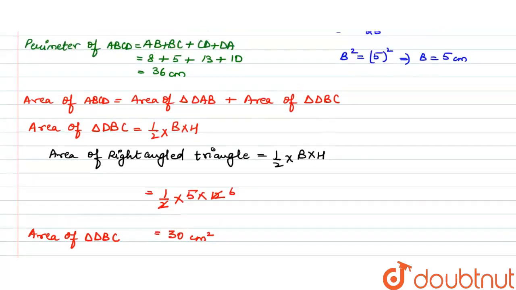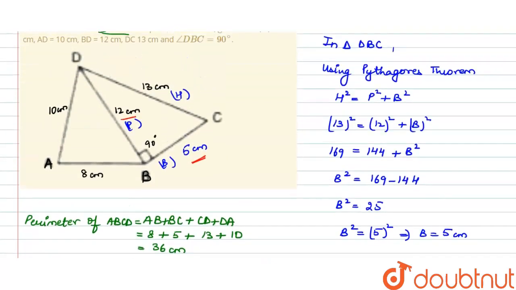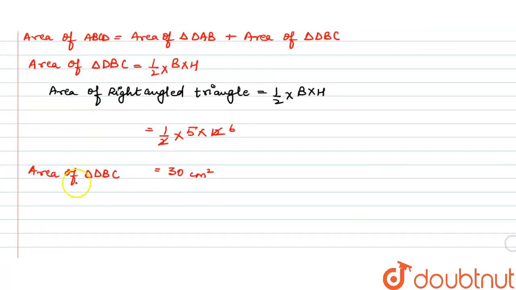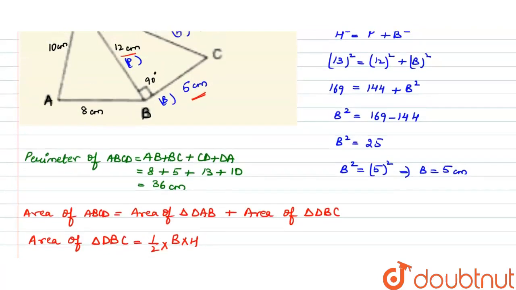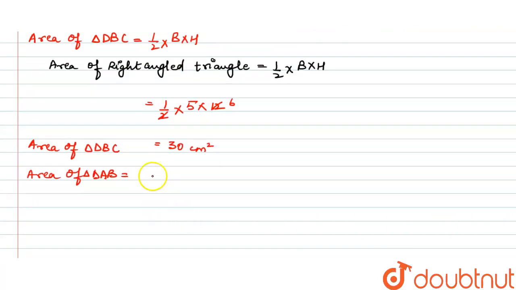Now we have to calculate the area of DAB. Now area of triangle DAB. Now DAB is a scalene triangle. So for this we will use another area formula.